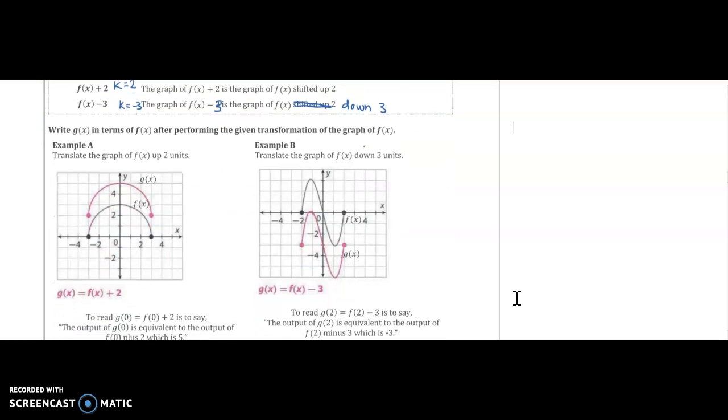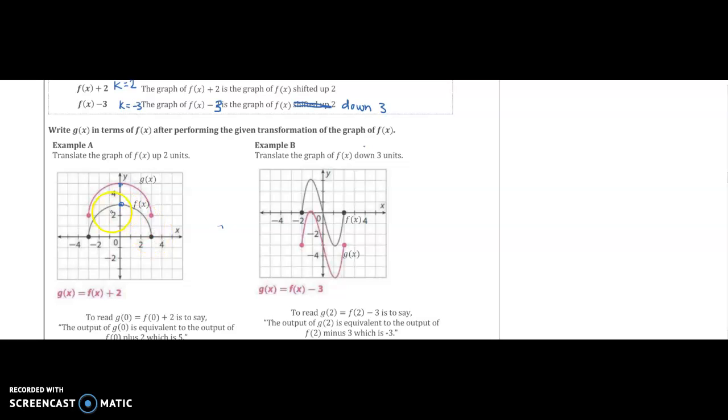So here we go. Write g of x in terms of f of x after performing the given transformation of the graph of f of x. So the first example, we have the graph of the function in black right here. And that function gets shifted up by 1, 2 points, right? Each point gets shifted up 2.